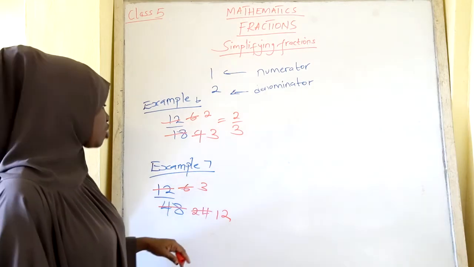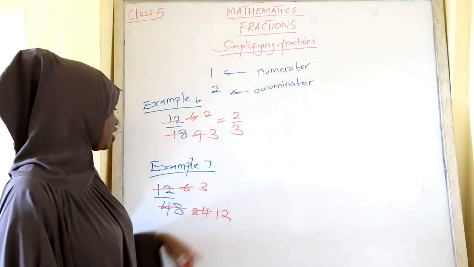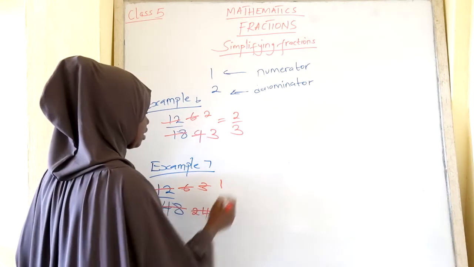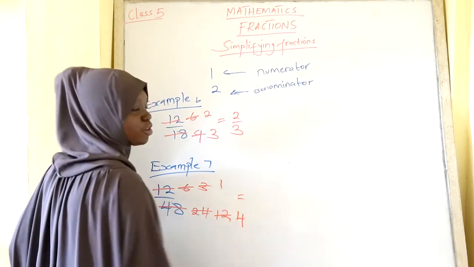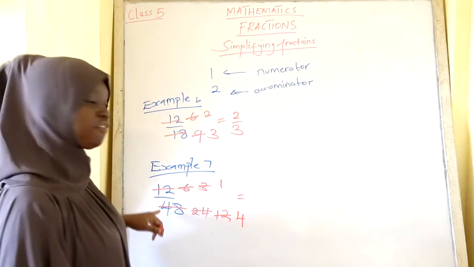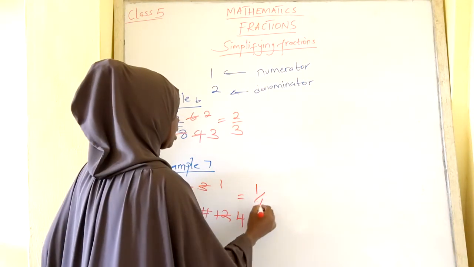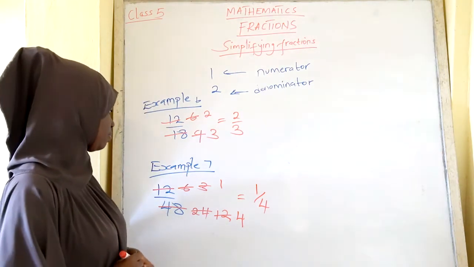So 3 out of 12, there is also another divisor that can divide both numbers, that is 3. So 3 by 3 we get 1, 12 by 3 will be 4. So 12 out of 48 in its simplest form will be 1/4. I hope it's clear.